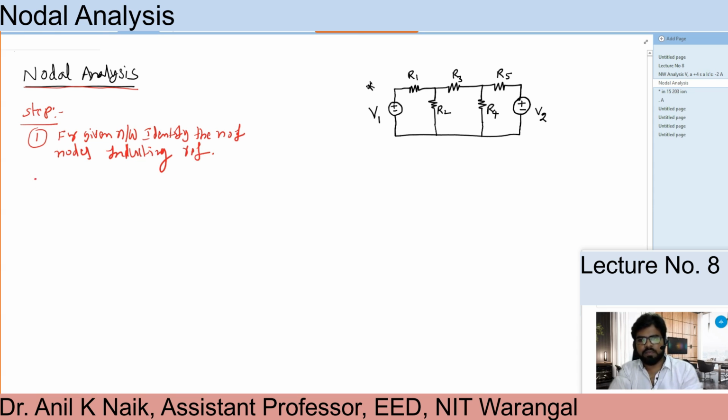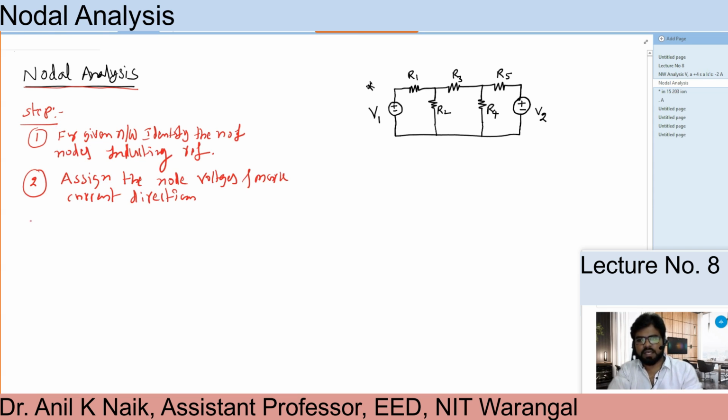The second step: after finding the nodes, assign the node voltages and mark the current directions. In very simple language, I'm giving the procedure to solve any network using nodal analysis.